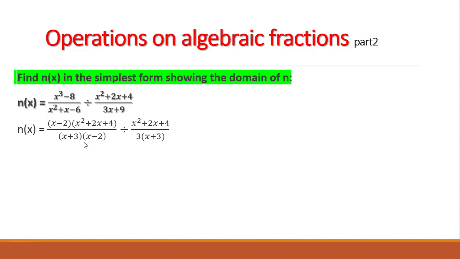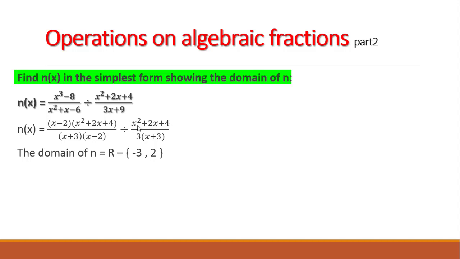Okay, now I'll write the domain. It will be R minus {-3, 2}. Also, here negative 3, don't repeat. And here, if there are zeros for this trinomial, we will write them here, but here there are no zeros.